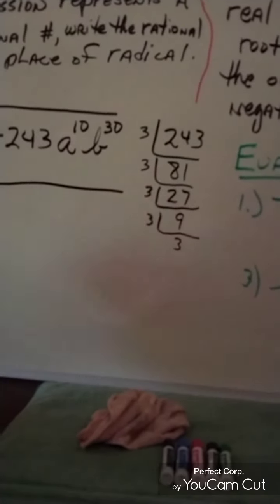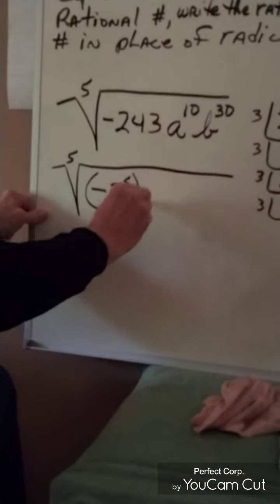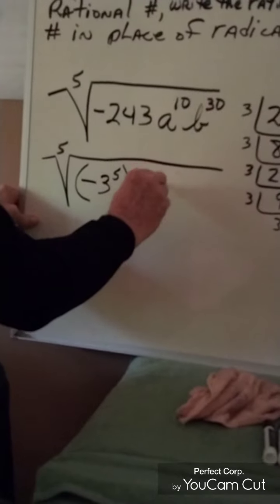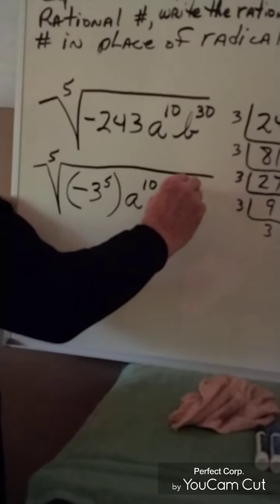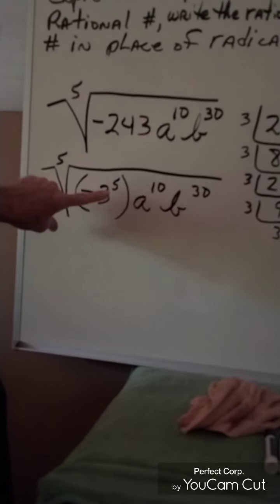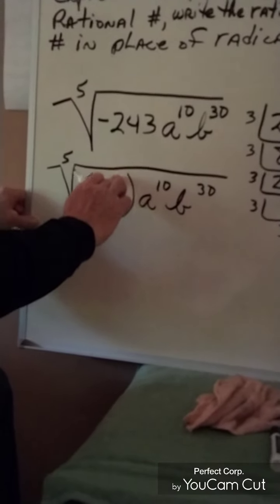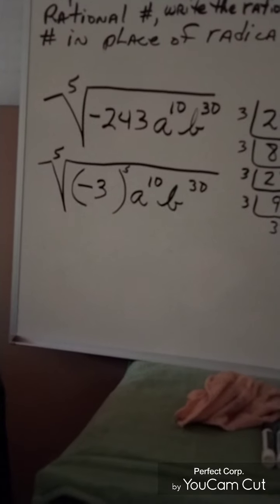Negative 3 to the 5th, a to the 10th, b to the 30th. Actually, that 5 right there, we'll put it on the outside. That's where it truly belongs.